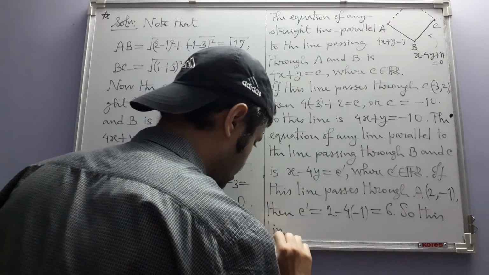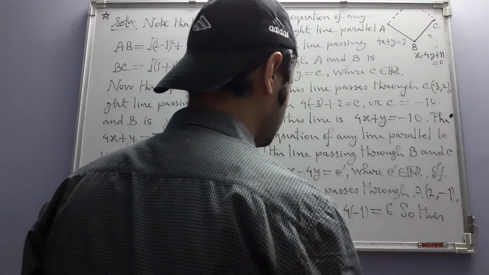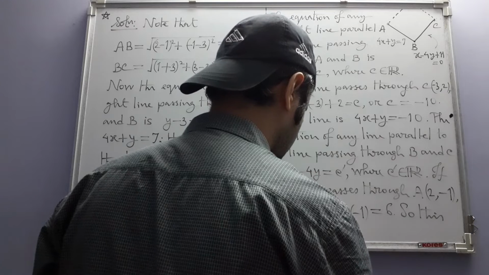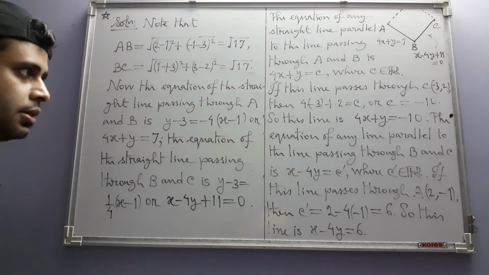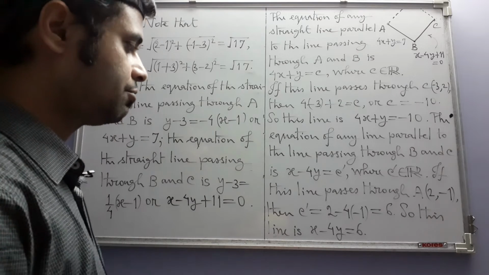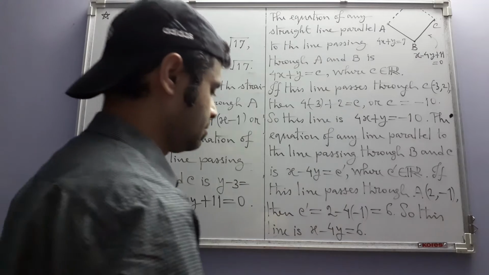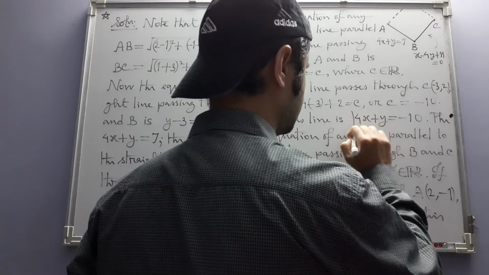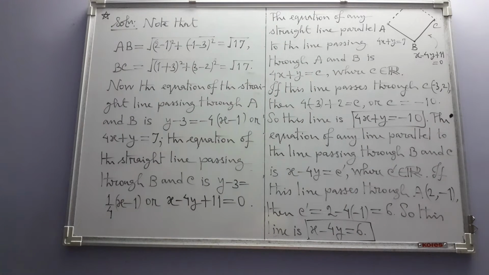So this line is x minus 4y equal to 6. Now we have to find the point of intersection of this line and this line. You just have to solve these two equations.